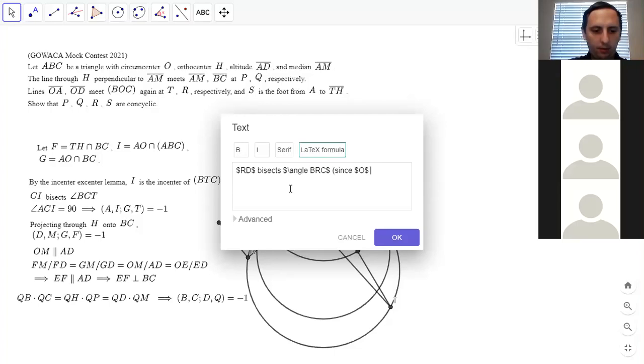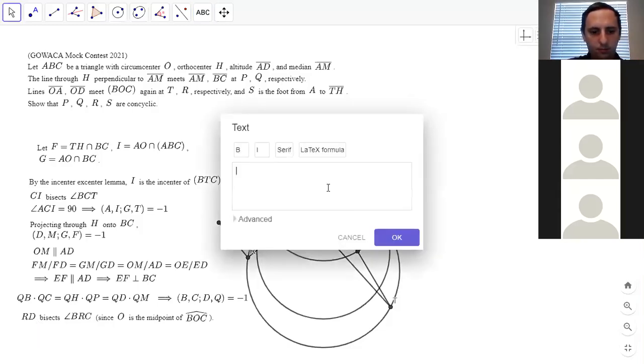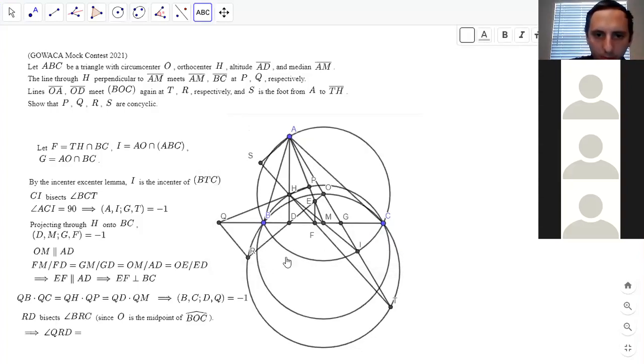Since O is the midpoint of that arc, that means that angle QRD is 90. QRD, which is angle QRE, is 90.